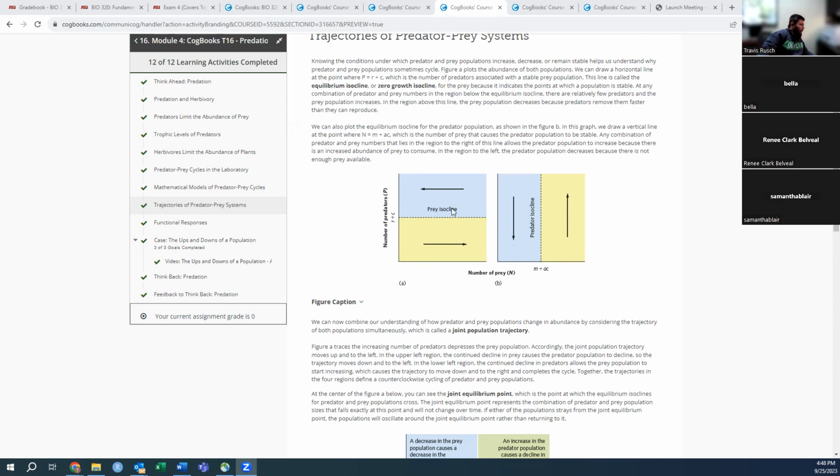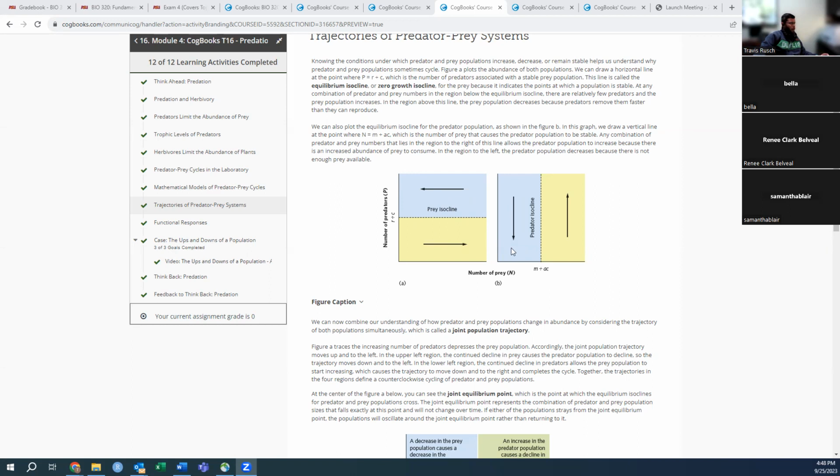If we go above the isocline, we can think of it as the carrying capacity. The prey is going to decrease in number, so that's why the arrow is going to the left in the upper blue box, and if we're below it, the prey can go to the right in this lower yellow box. Does that make sense so far, why they're going left to right in part A?